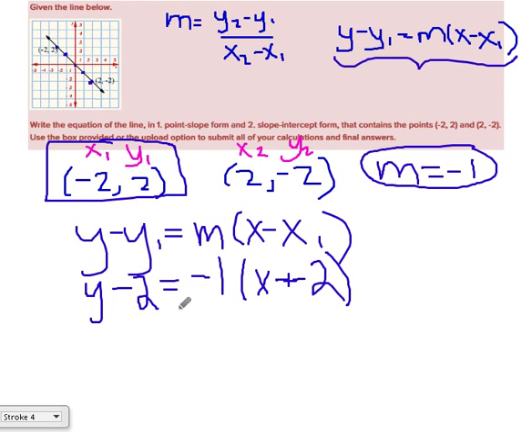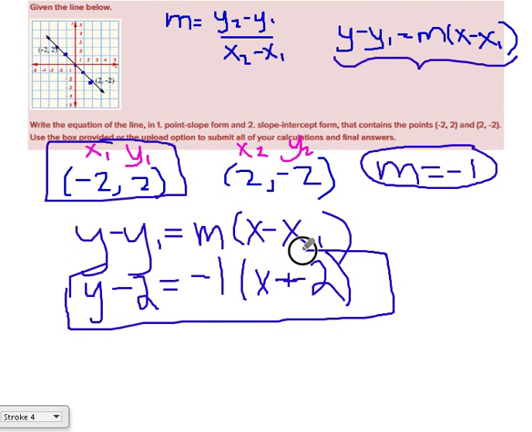So this here is my answer in point slope form. So part 1, point slope form is y minus 2 equals -1 parentheses x plus 2. And that's part A. That's your first answer. So you want to copy this down and type this into the text box for part 1.